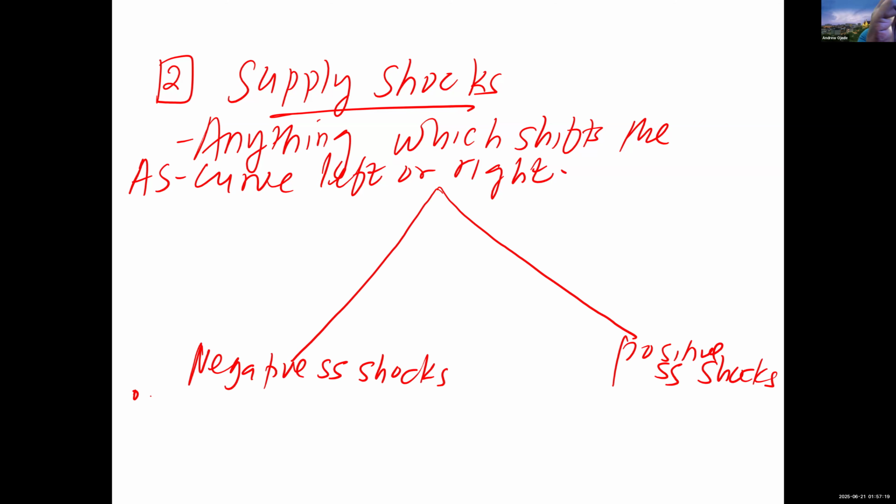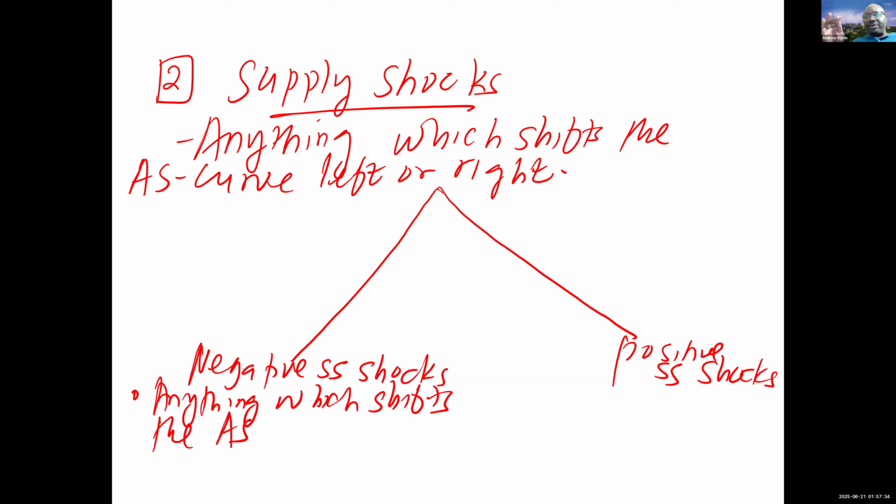Okay, so here, anything which shifts the aggregate supply curve, remember, there are two types of supply curve: long run and short run. But right now, I'm just generalizing aggregate supply curve because we're going to talk about which one may shift and which one may not. Anything that shifts the aggregate supply curve to the left is going to be interpreted as a negative supply shock, for example, higher energy prices.